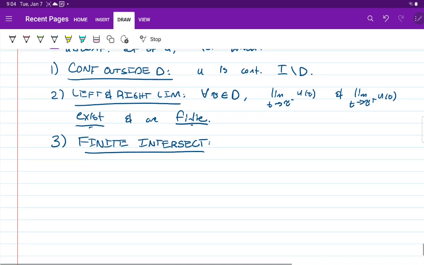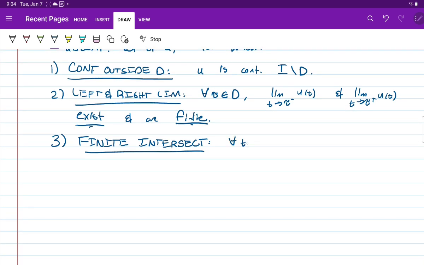It says that for all t0 less than or equal to t1 in R, my discontinuity set D intersected with the interval t0 to t1 contains a finite number of points.